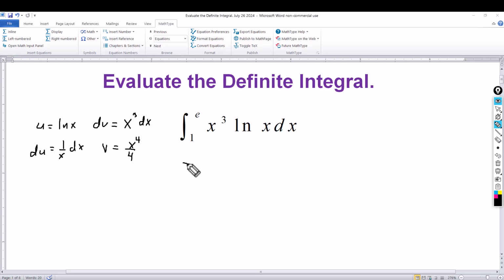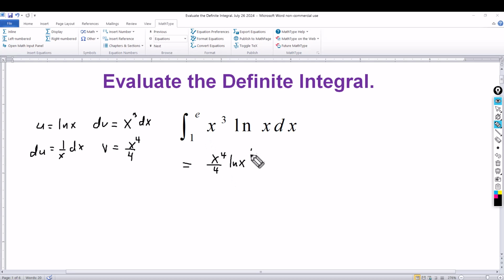So this would equal the product of u and v. That's your formula, u and v. And u is ln of x, and v is x to the fourth over 4. I'll put the v first: x to the fourth over 4, and then the u, ln of x. Now if this wasn't a definite integral, this would be the first part of the answer.